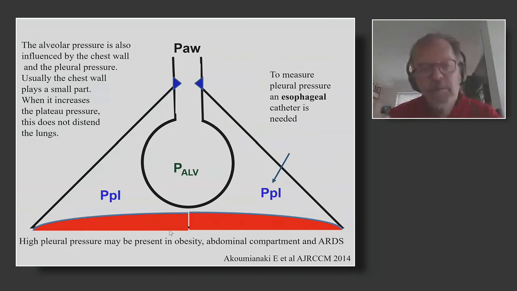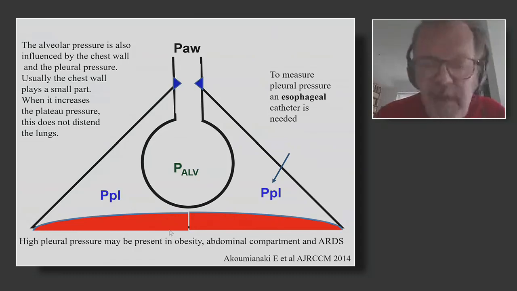I'm not going to describe this, but just to let you know that when we want to know more exactly what the distending pressure of the lung is, we not only measure the plateau pressure, but we also measure the pressure surrounding the lung with an esophageal catheter. And this technique, for instance, is useful for patients who have very severe morbid obesity or a distended abdomen, to try to understand the influence of this obesity or of the abdomen on the plateau pressure.